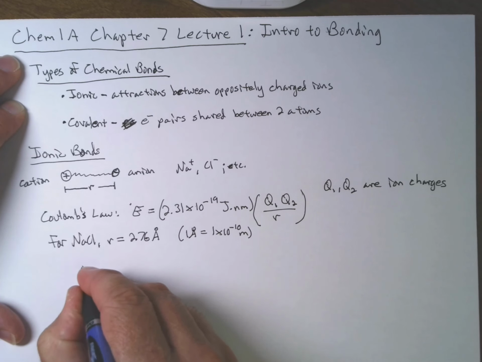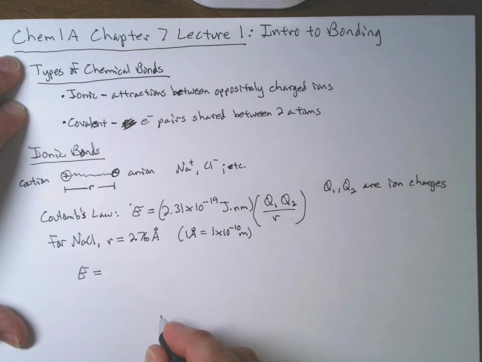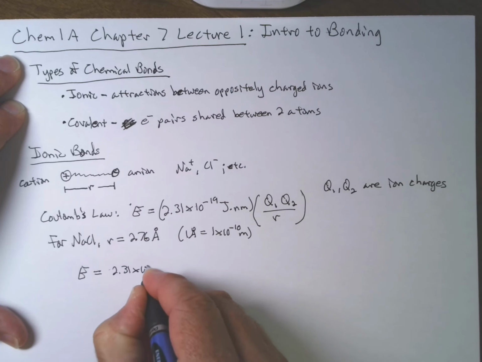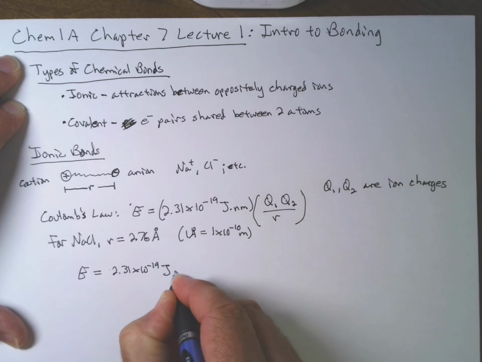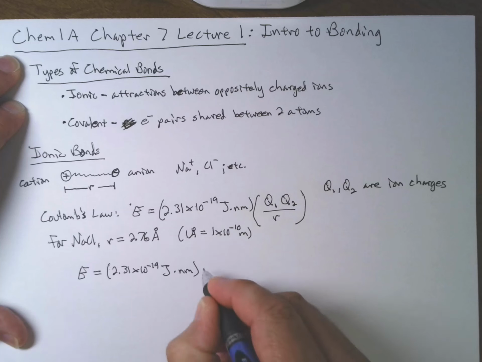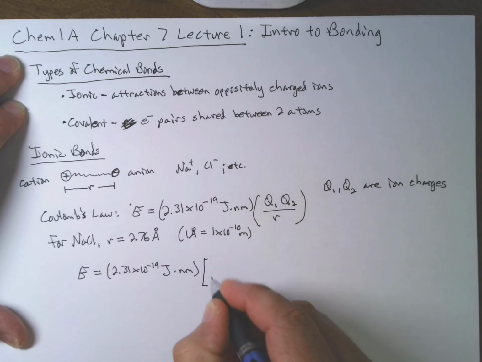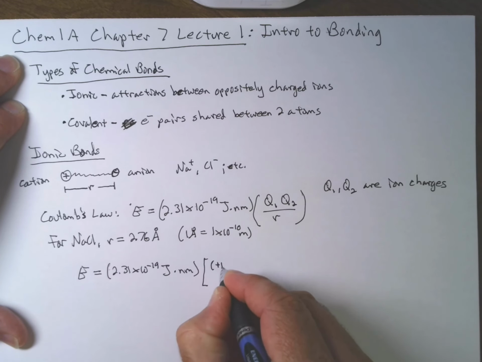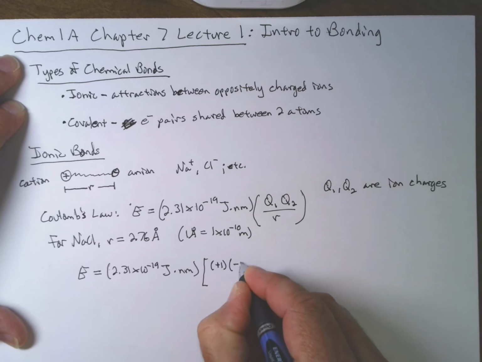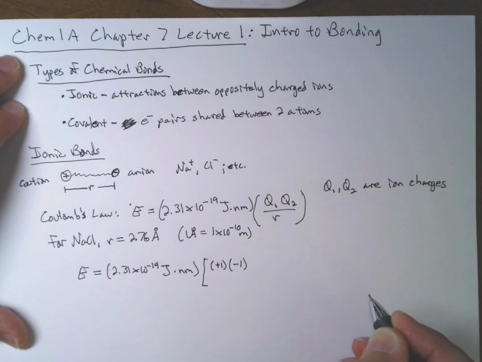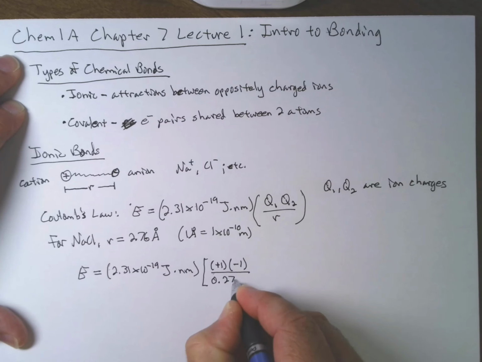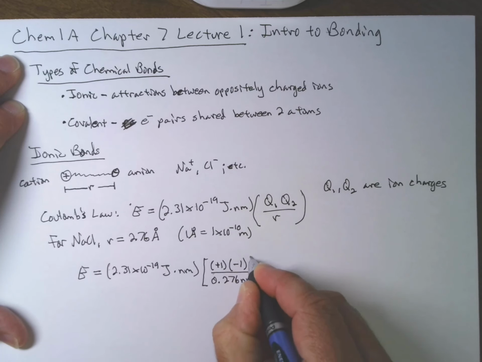So our energy for NaCl then is 2.31 times 10^-19 joule times nanometers times plus 1, which is the charge of our sodium, times -1, which is the charge of our chlorine, divided by 0.276 nanometers.